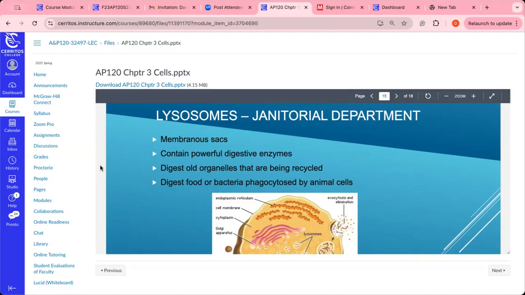They also digest food or bacteria that is phagocytized by animal cells.